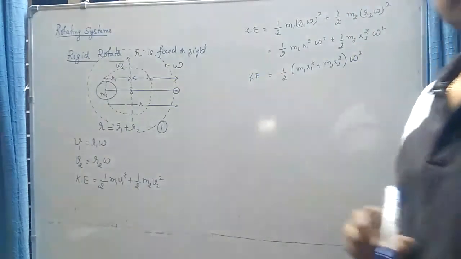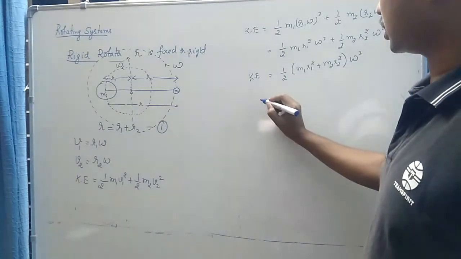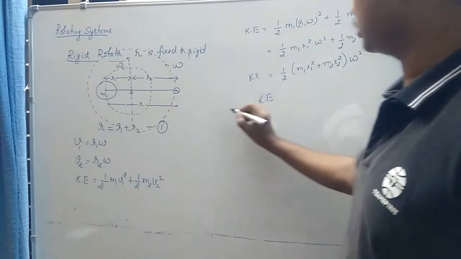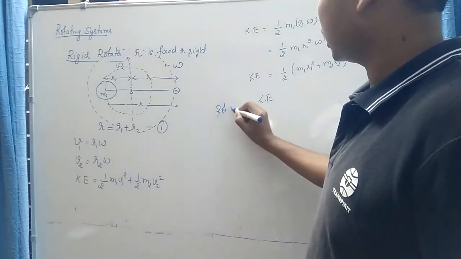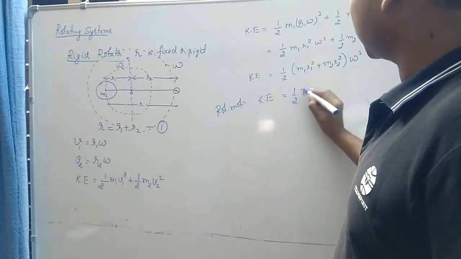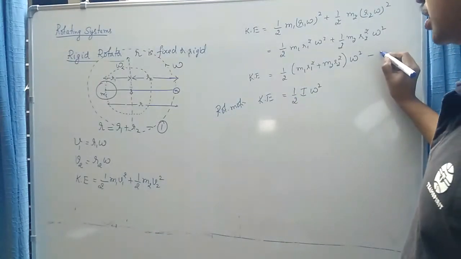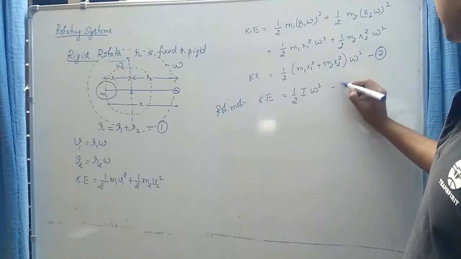Generally we know that for rotational motion, the kinetic energy is written as kinetic energy equals half I omega square. Let me take these as equation 2 and equation 3.